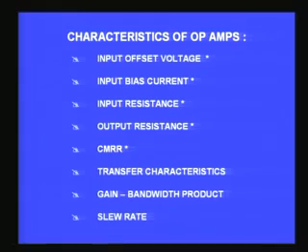You can see on the screen I have listed the different characteristics that we should normally worry about, namely input offset voltage, input bias current, input resistance, output resistance, CMRR (common mode rejection ratio), and then transfer characteristics between the input and the output of the amplifier, gain bandwidth product, and finally the slew rate.